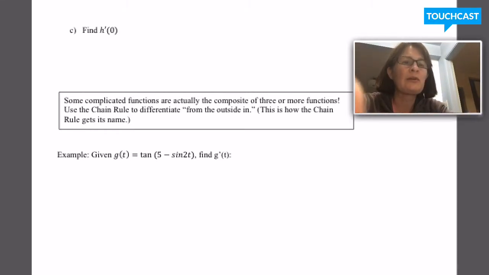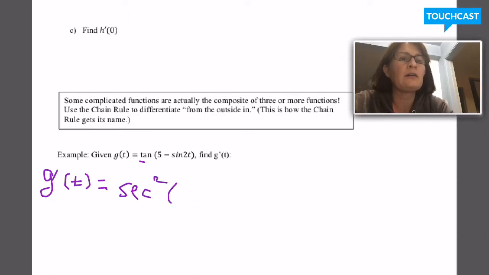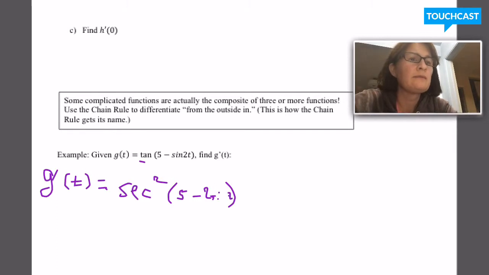So just as an example here, g of t is tangent of 5 minus sine of 2t. So to find g prime of t, g prime of t is going to be the derivative of the outside function. In this case, the outside function is tangent. So the derivative of tangent is secant squared of, and the inside stays the same, 5 minus sine of 2t.